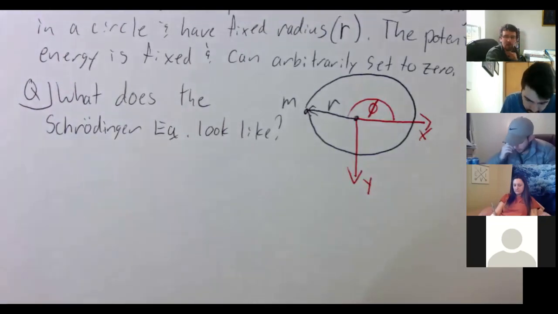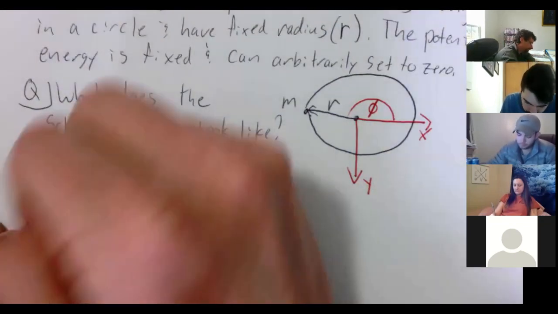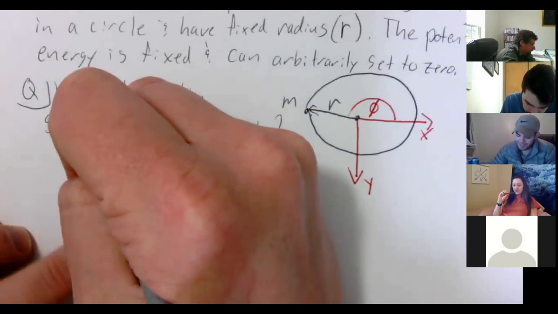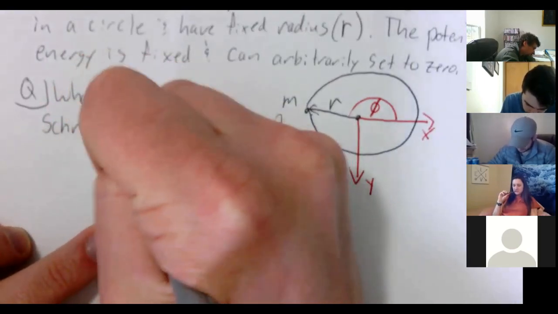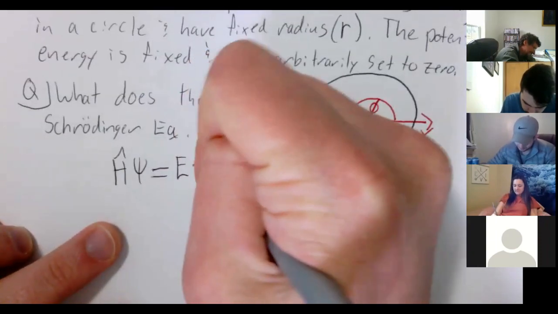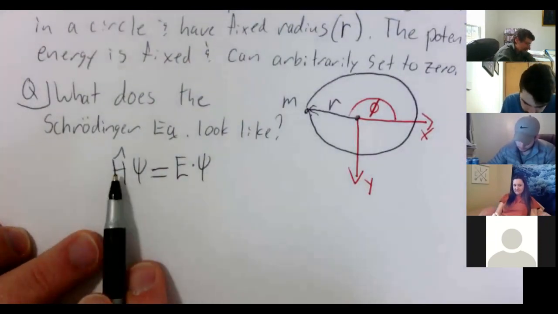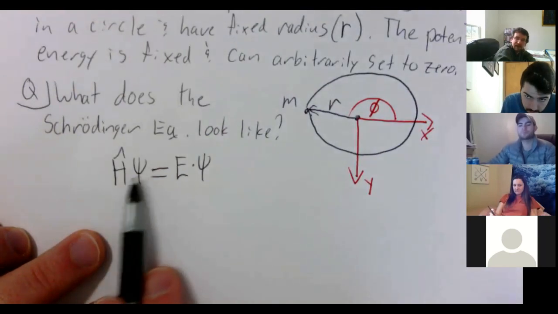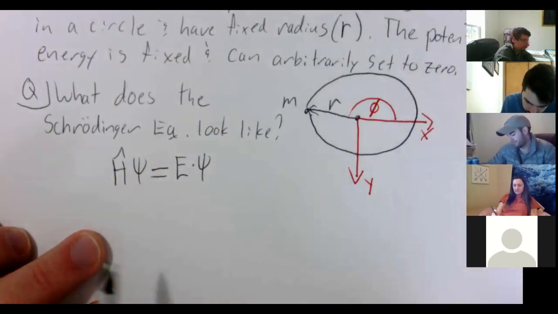So what's the generic form of the Schrodinger equation again? H hat psi equals E psi, and there's a hat in there. Yep, the Hamiltonian operator operates on that wave function, and we get the energy out times that wave function.